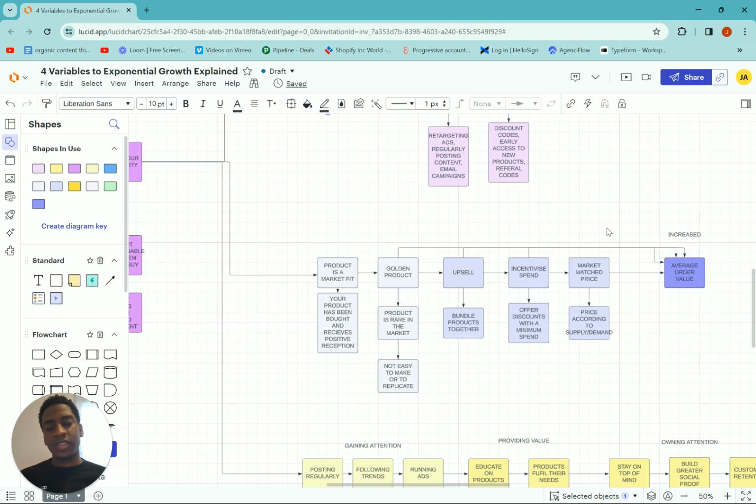Then increase the price of that oil, because if you know about economics, when there's a greater demand and less supply, a product is usually more expensive. So these are different ways you can actually increase the average order value that you are getting currently.